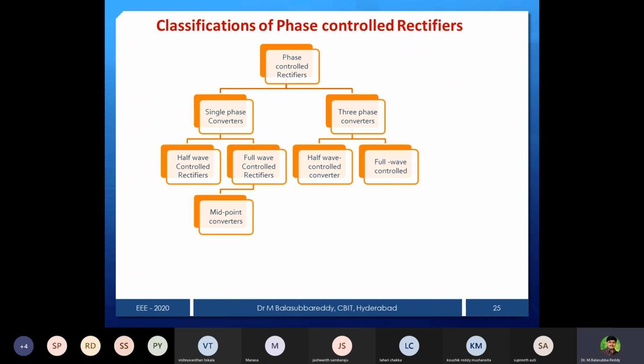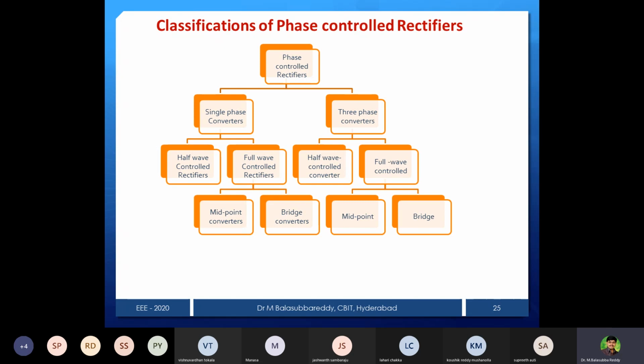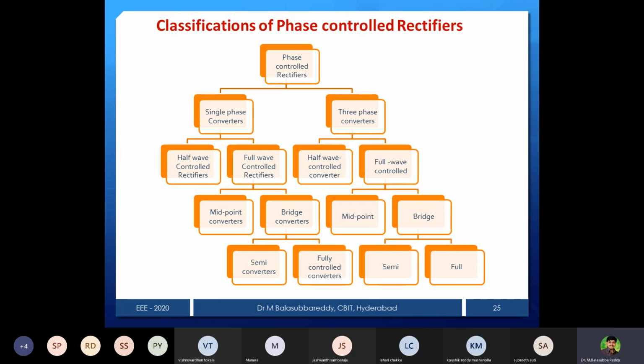This we discussed already, I am just reviewing that. And full wave again we divided as a midpoint converter and bridge converter, and the bridge converter is divided as a semi converter and full converter.